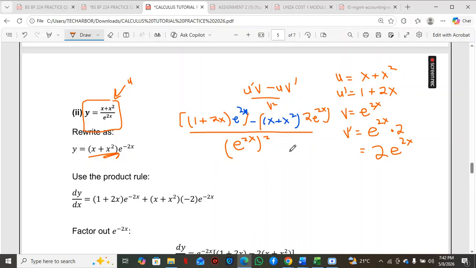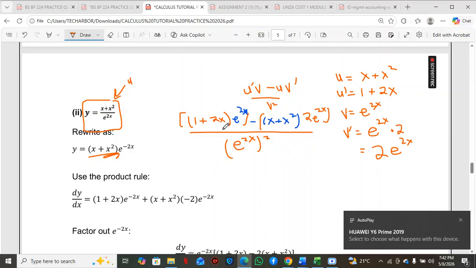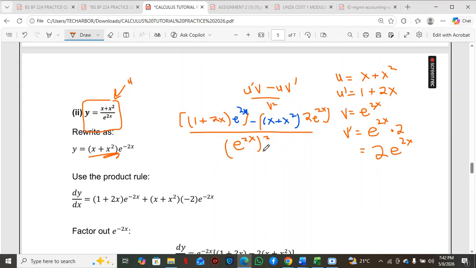Then if you want to simplify this further, it can be simplified, or you can leave the answer like this here.